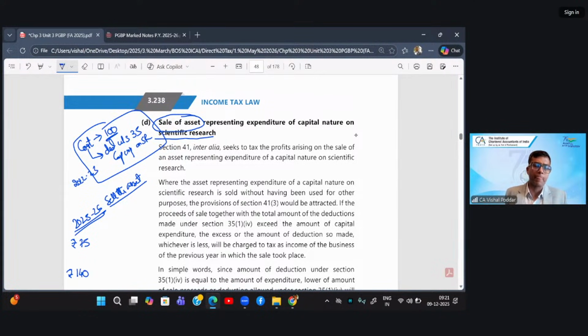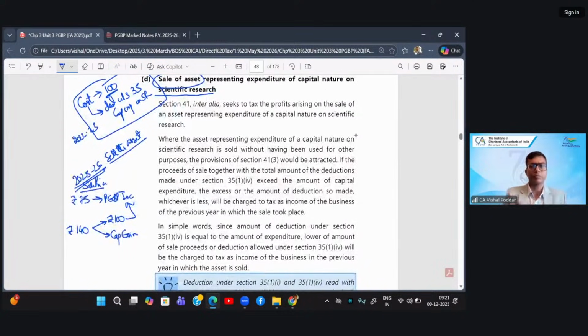Now, what is the interesting part? This rupees 75, these all are sale prices, will be considered as PGBP income. And here, if it is sold for 140, out of 140 rupees, 100 will be considered as PGBP and the balance will go to capital gains. Now, what is the logic?